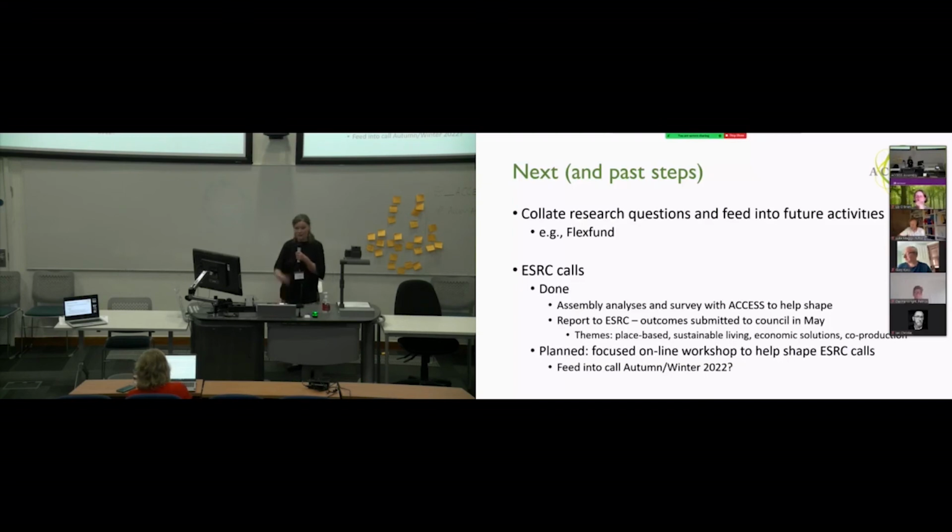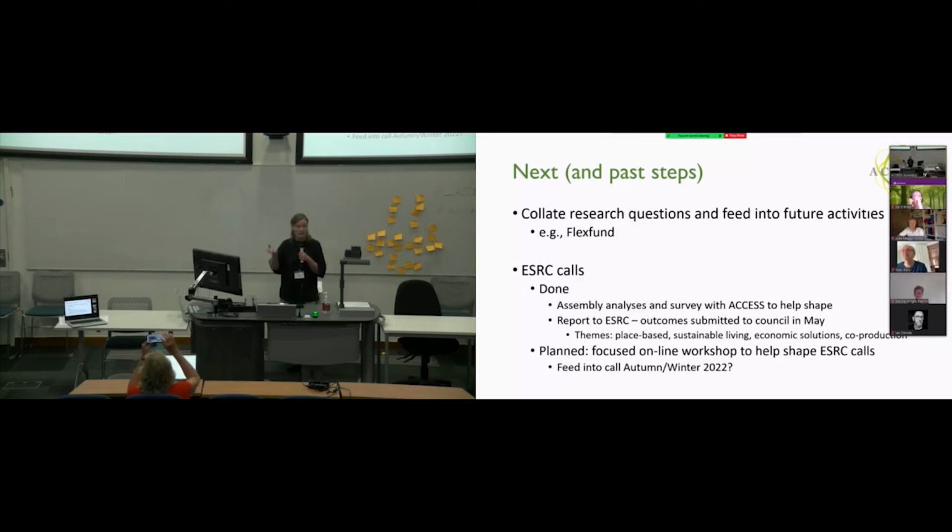That was then submitted to Council in May, and several themes came from that: place-based solutions, sustainable living, economic solutions, and co-production. If you would like to know more about this, please let me know. We can share the document with you.